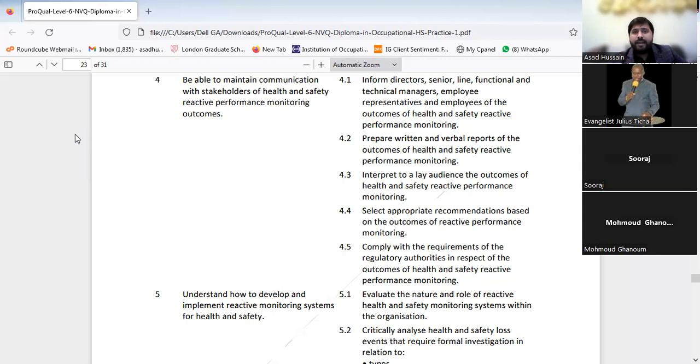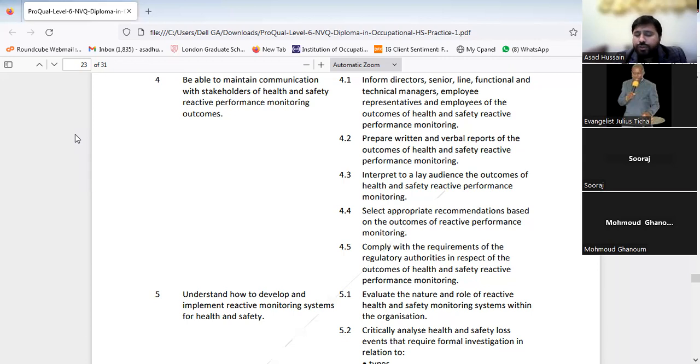In 4.3, interpret to a lay audience the outcomes of health and safety reactive performance monitoring. Again, it is just discussing these things step by step. It is asking about a lay audience which is not technically well aware of your reactive monitoring systems. They don't have enough knowledge and awareness of that.